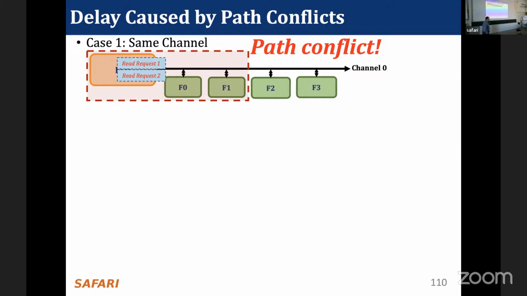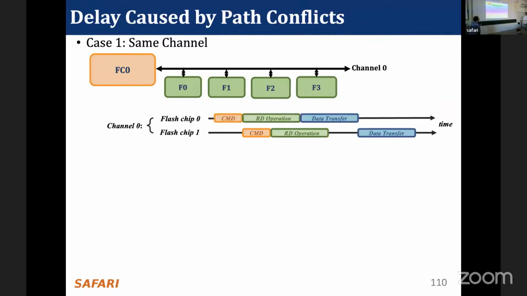The thing is that we have been working a lot to make sure that requests are targeting different flash chips. But targeting different flash chips does not necessarily cause conflict-free access. Those flash chips might actually be connected to the same channel, and then you have this path conflict problem.